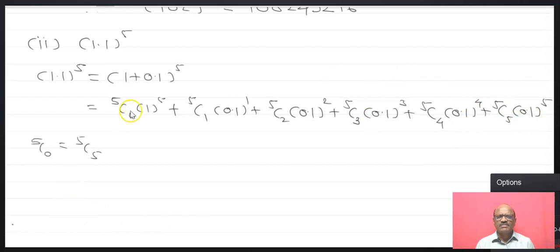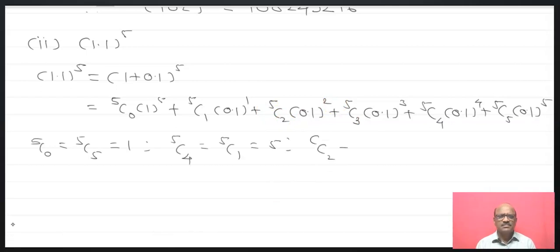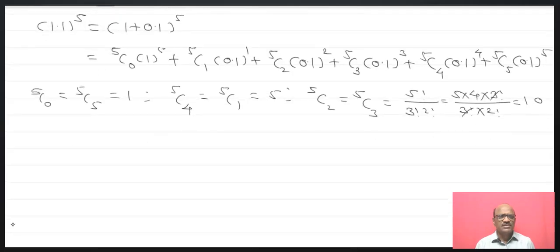Now we will calculate their values. 5C0 is equal to 5C5, and that value is equal to 1. 5C1, 5C4, that is equal to 5. Next is 5C2 and 5C3, both of them have the same values, that we calculate here. That is 5 factorial upon 3 factorial into 2 factorial, and that is equal to 10.